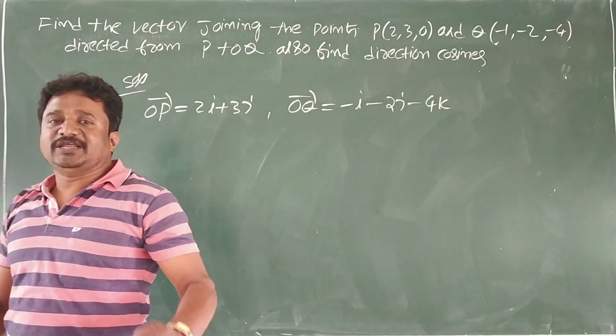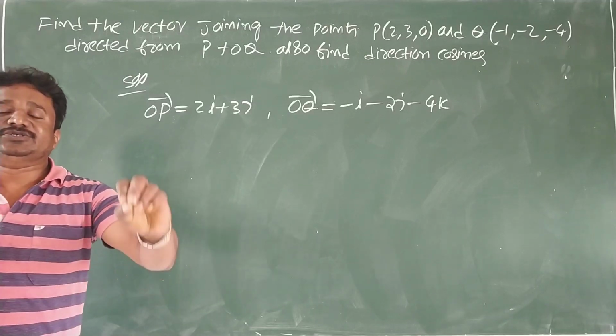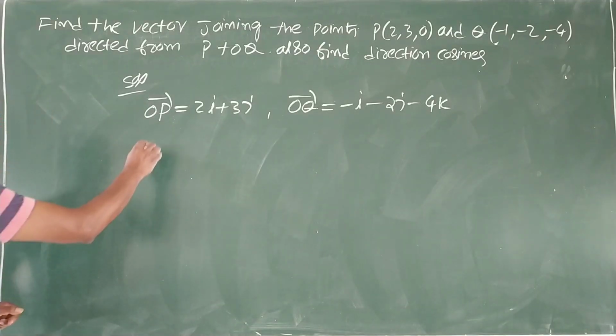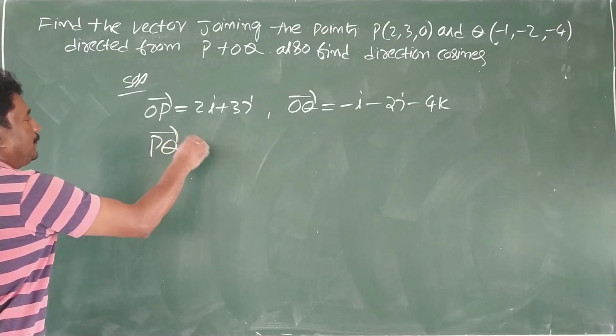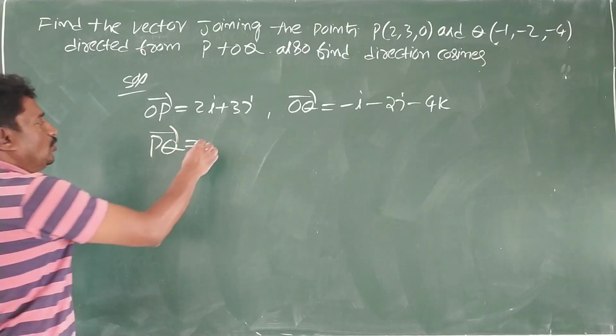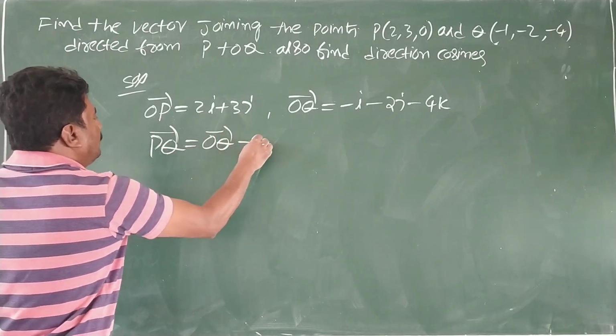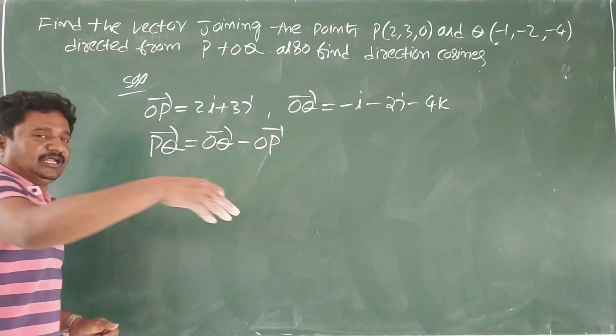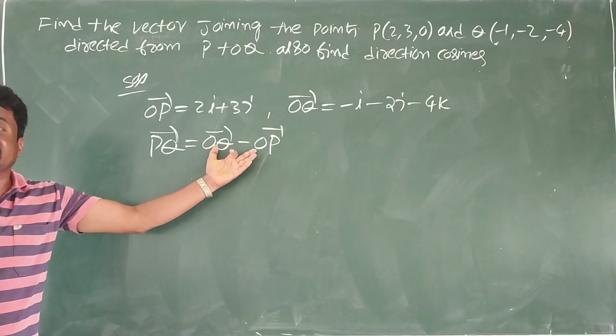So which vector is required for us? Vector PQ. Tell me what vector PQ is: OQ minus OP. I explained this in the last video, the reversal law.